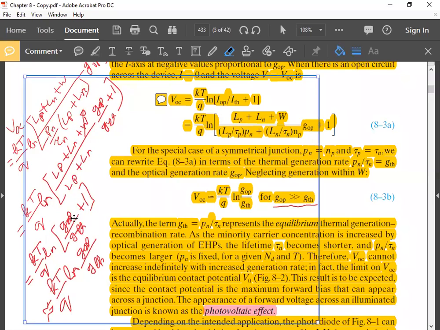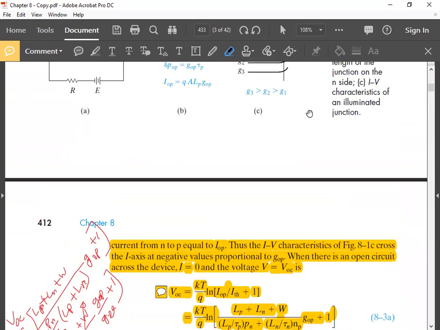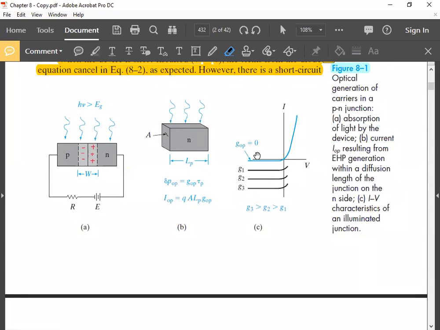Again, G_OP may be much greater than G_thermal. That is practical, because this reverse current is because of the original diode current, which is due to thermal generation. But optical generation can be significant, much greater than the thermal generation rate.